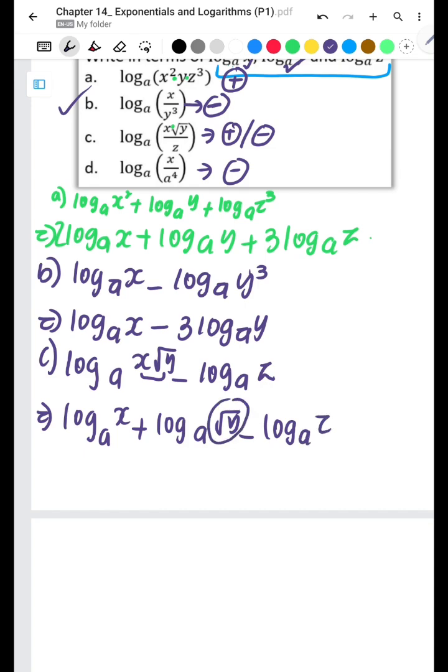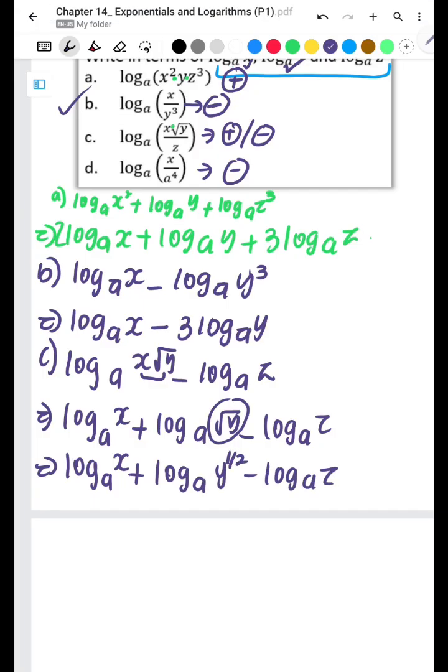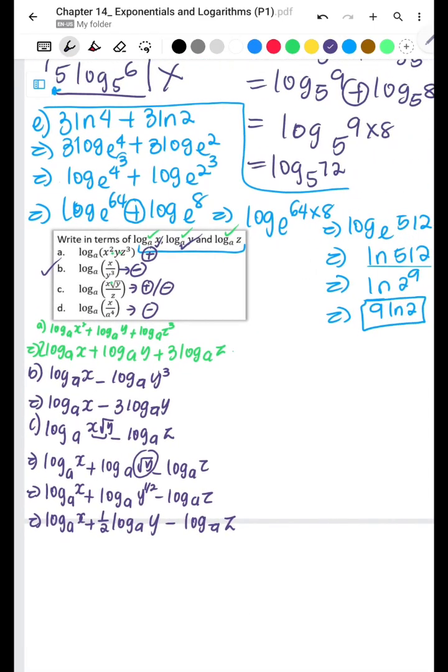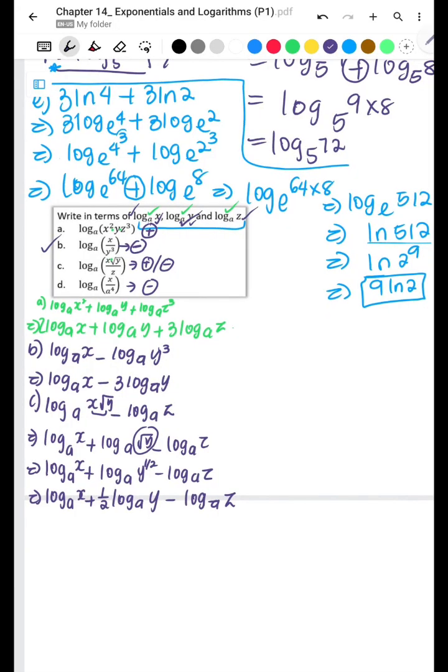This is still not in just y form. I know this is the same thing as log base a of x plus log base a of y to the half minus log base a of z. This implies I have log base a of x plus my half can come here, half log base a of y, minus log base a of z, and that is in terms of x, y and z.